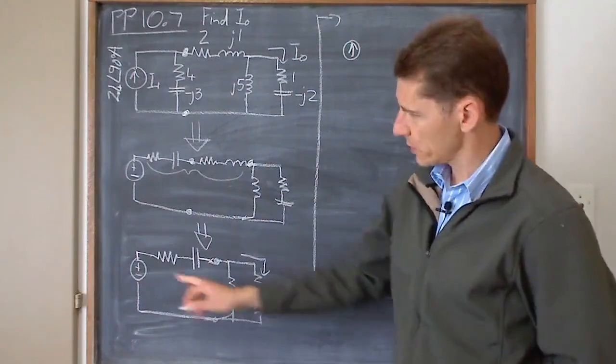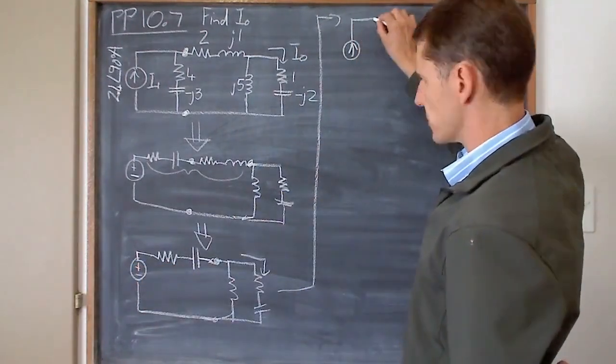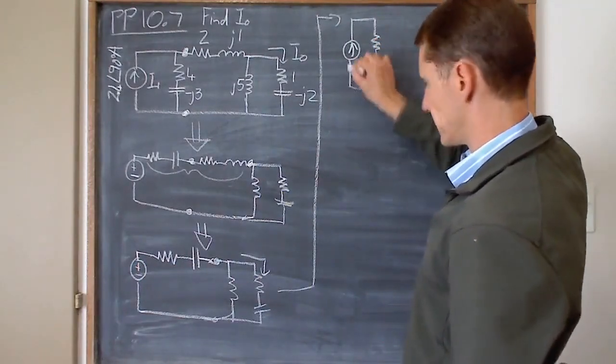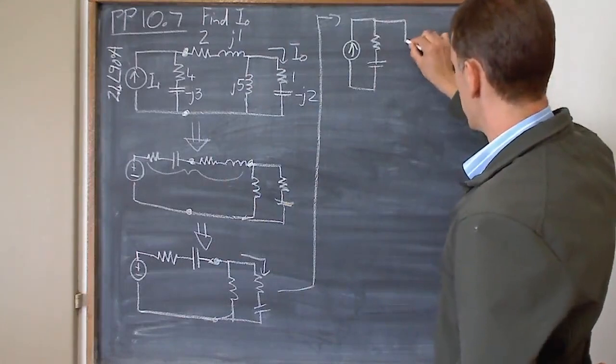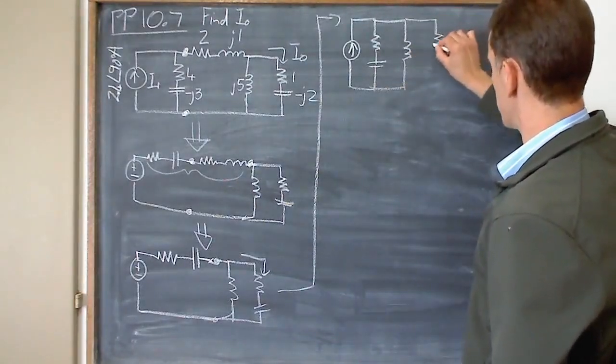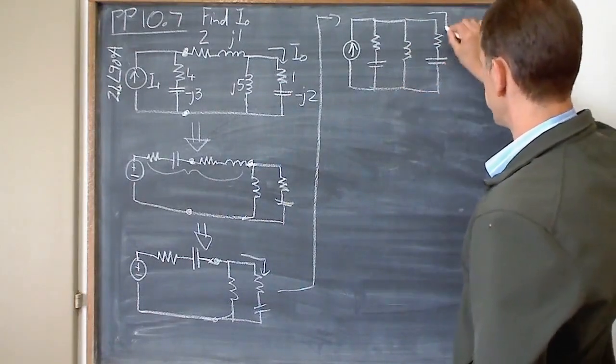Why is it pointing upwards? Because my positive terminal is at the top. And then that is going to be parallel with that resistor and that capacitor, which is parallel to that inductor, which is parallel to the branch that I actually want to get to.